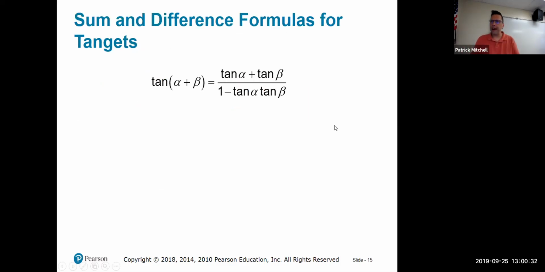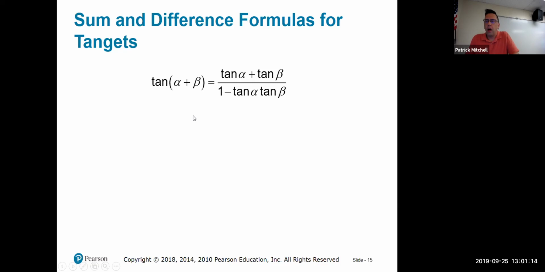All right, so it turns out that there are sum and difference formulas for tangents. I may have mentioned, maybe I didn't mention it in this video. Anyway, the formula for tangent is not quite as important as the ones for sine and cosine because, for example, if they ask you to find the tangent of 5 pi over 12, yes, you could use this formula, or you could just use your sum formulas for sine and cosine, find the sine of 5 pi over 12, find the cosine of 5 pi over 12, and then use your quotient identity.